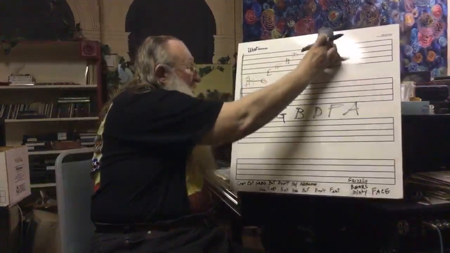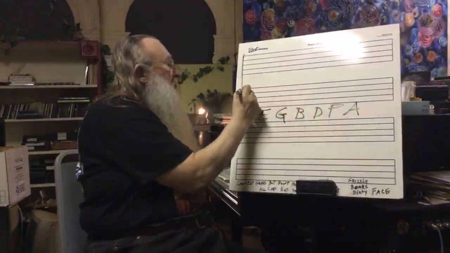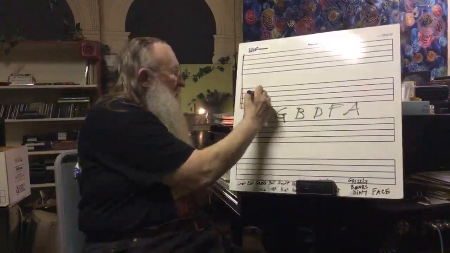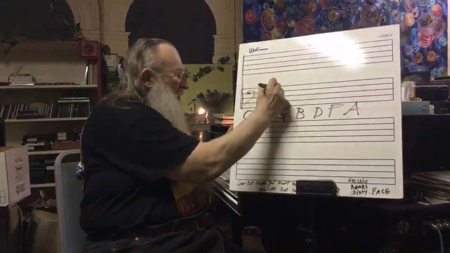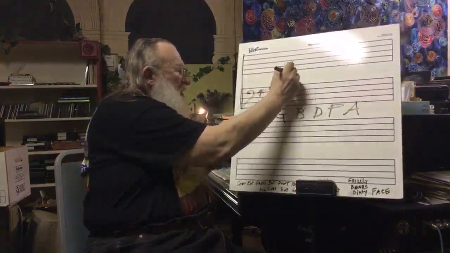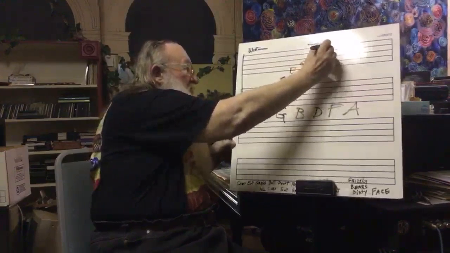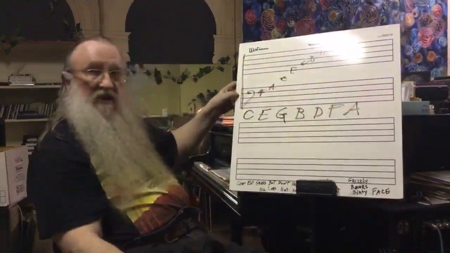If I am writing for the bass clef, all we have to say is fly airplanes, cows eat grass, but don't fly airplanes. We just start with the letter name.